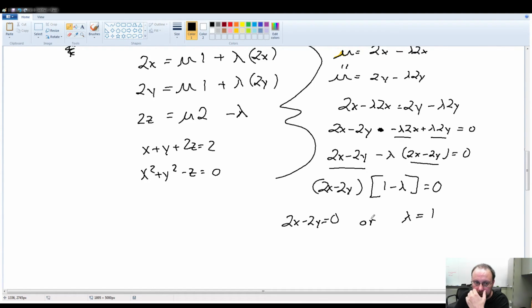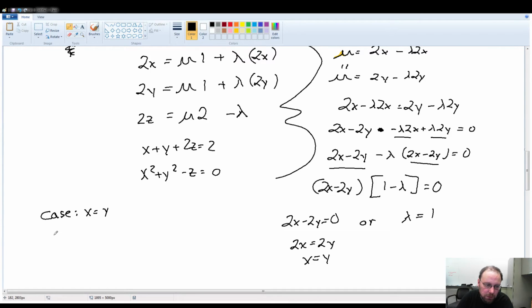And of course, for 2x minus 2y to be 0, it simply means that x must equal y. So I would say let's consider the case where x equals y, and then we can do the case where lambda is 1.